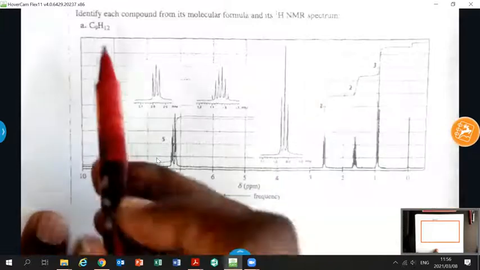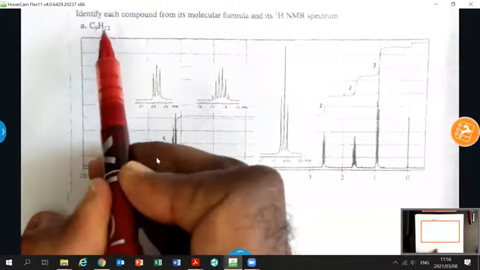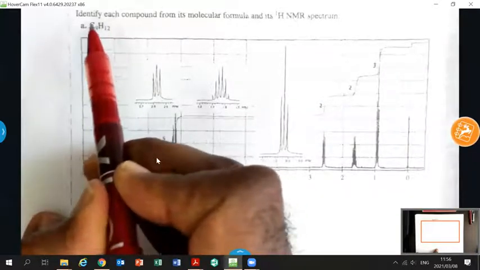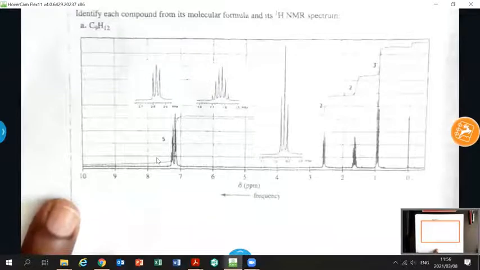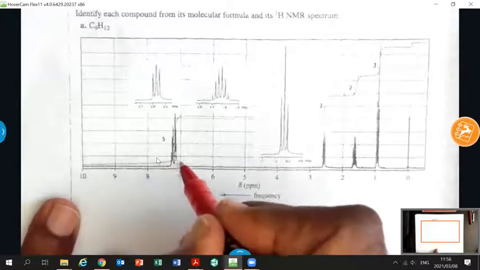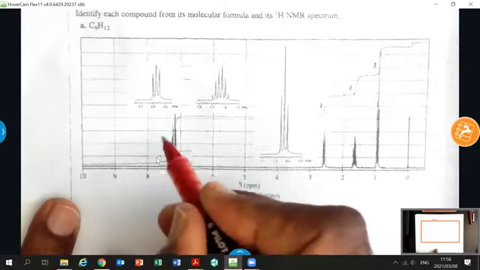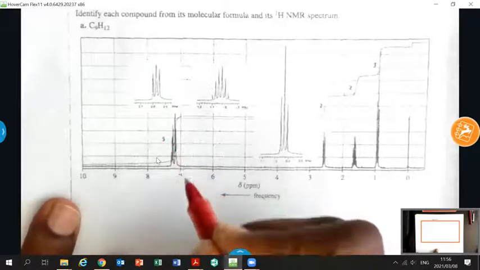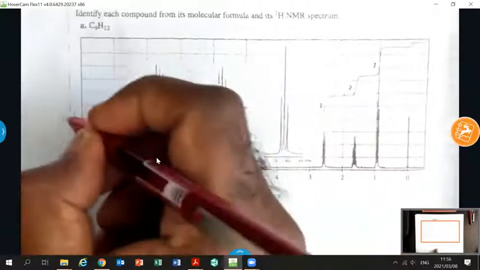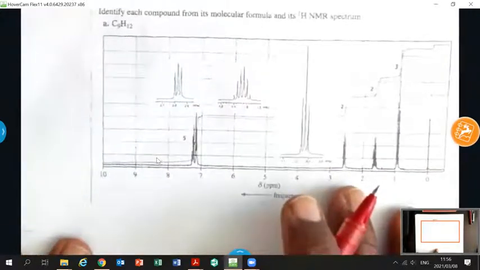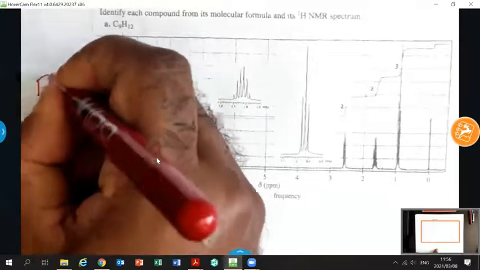So here I have a molecular formula of C9H12, right? Very importantly, 9 carbons and 12 protons in this particular spectrum. If I look at this spectrum initially, I can see I have peaks in the aromatic region integrating to 5. So immediately I can put down an aromatic ring.